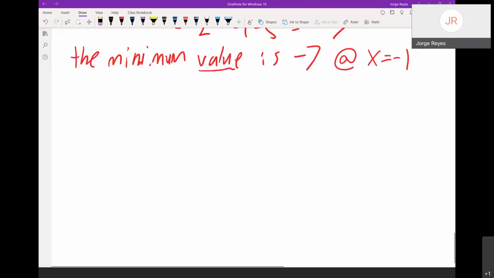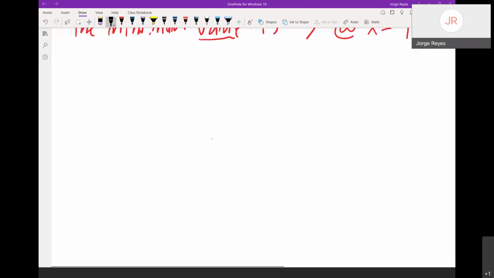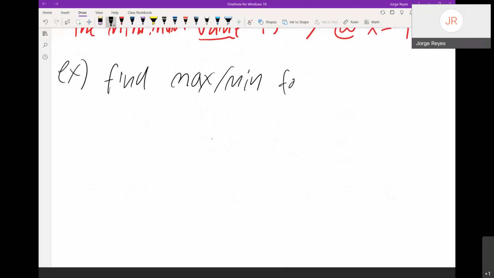Let's do a couple of these. Find the max/min for the function g of x equals negative x squared plus 3x minus 4.